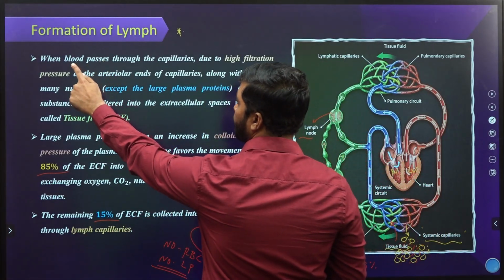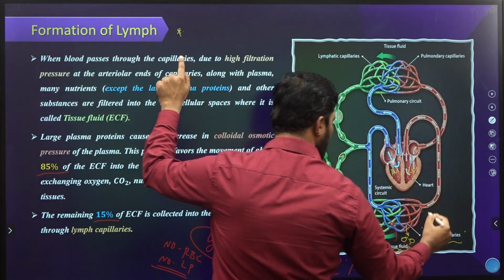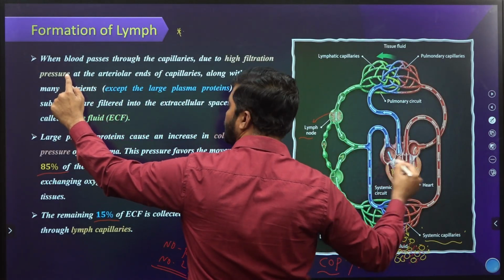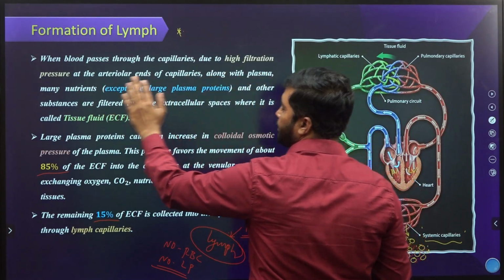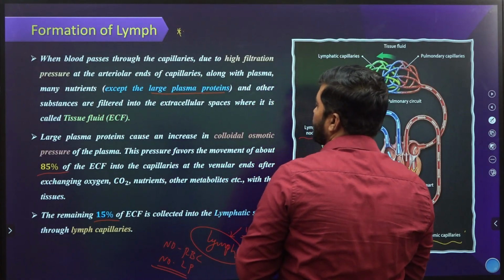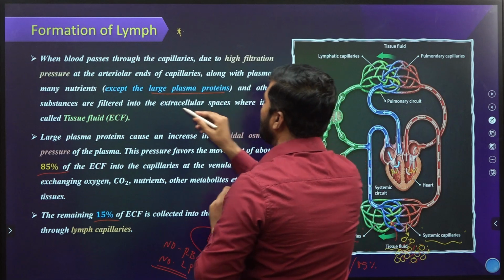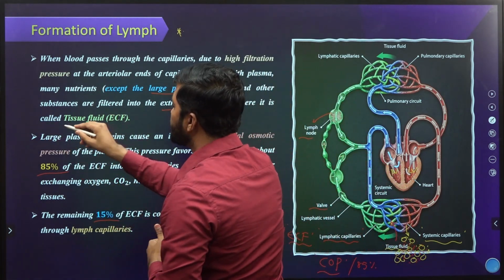If you take the definition, when the blood passes through the capillaries, due to high filtration pressure, what happens? At the arterial end of the capillaries, along with plasma, many nutrients and other substances, except large plasma proteins, filter into the extracellular spaces; that is called tissue fluid.